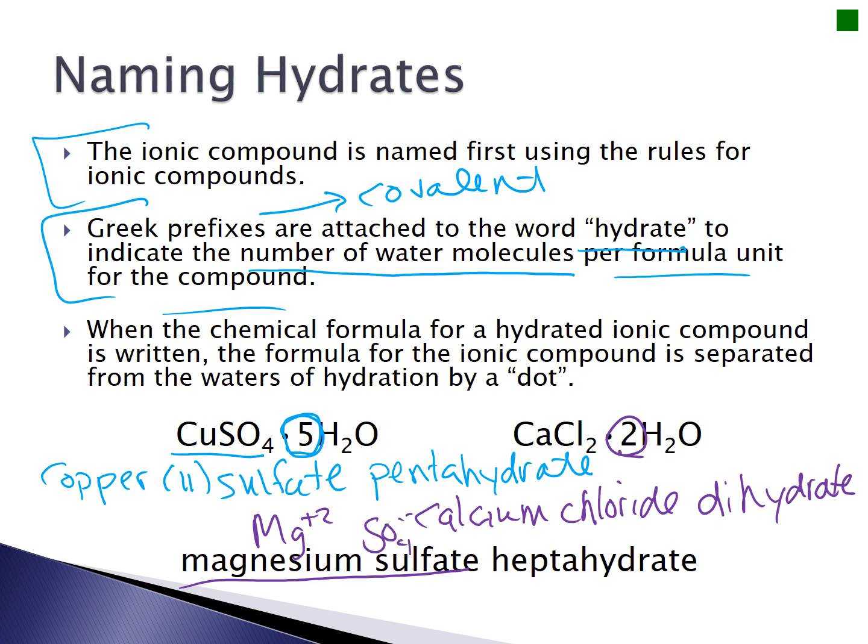Sulfate is SO4 minus 2, so we end up with MgSO4. And when you're given the name and trying to write the formula, you put a dot. Hepta is 7, and hydrate means water. So you get MgSO4 dot 7H2O.